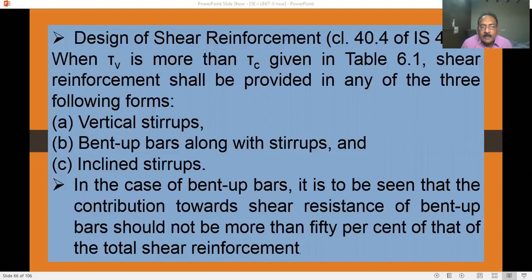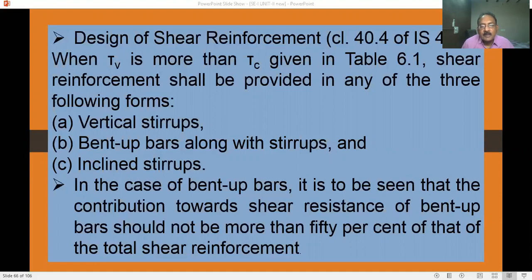According to this table, suppose tau v, that is Vu by bd, where Vu is the factored shear force, b is breadth and d is effective depth. If tau v is more than tau c calculated from this table, this is 0.36. Suppose your tau v for M20 grade is 0.4. You have to provide for 0.4 minus 0.36, that is, shear reinforcement for this, Vus.